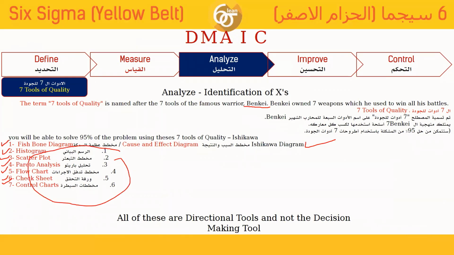You can get 1 or 2 in order to confirm this 50%. So no need to go for the rest of the 7 tools of quality, since you have 50% of the root cause.